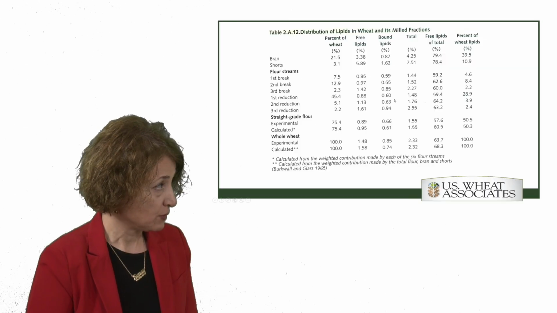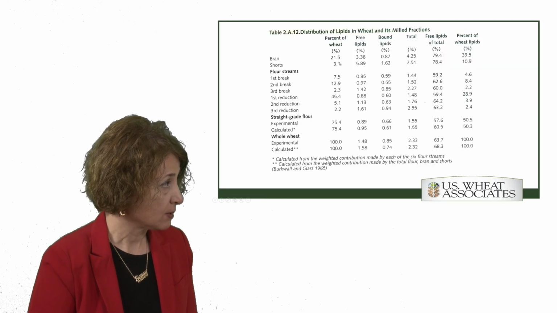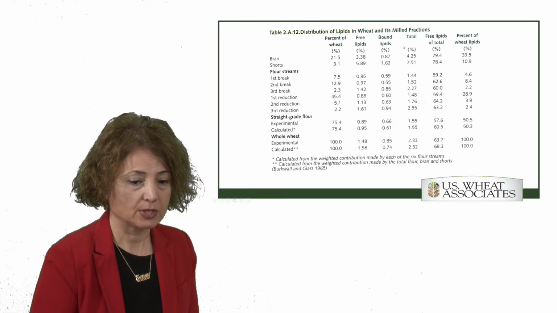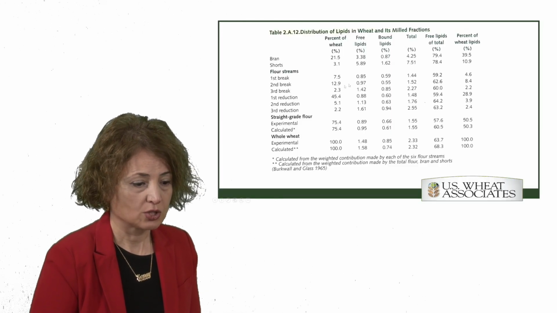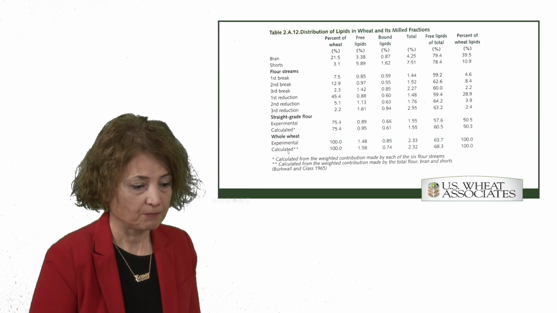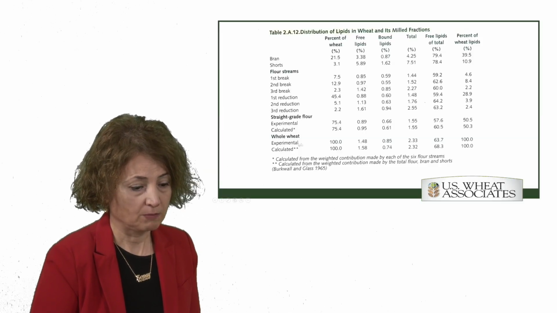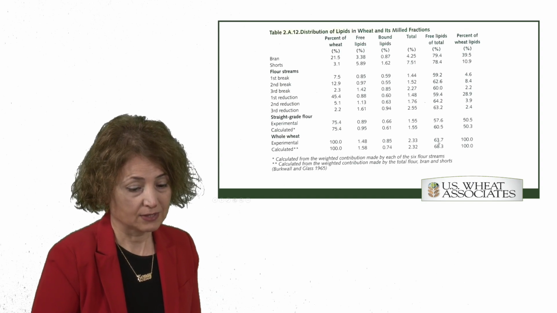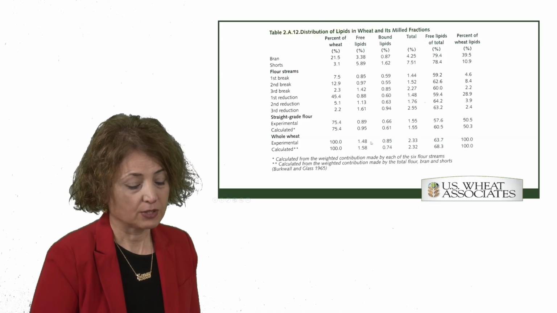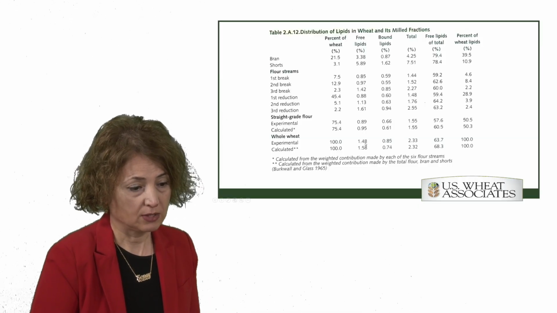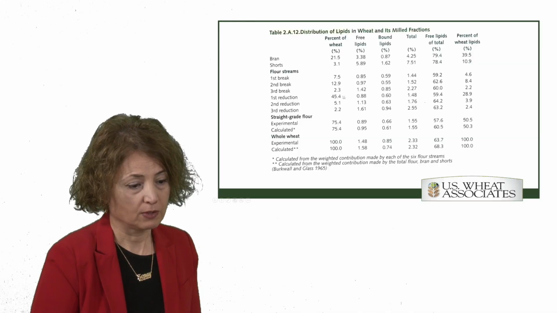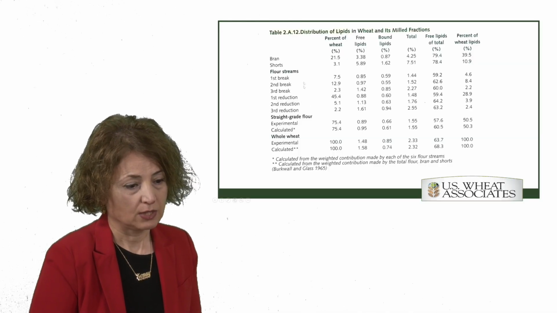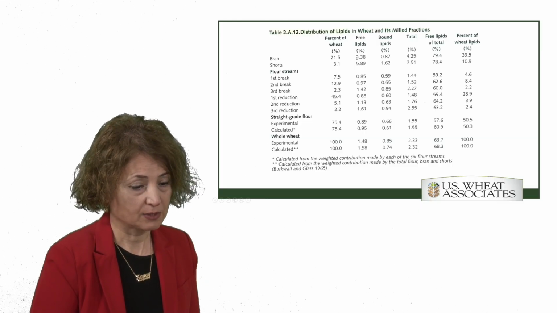We can have different types of lipids, free lipids or bound lipids, and their distribution in different meal fractions. For this experimental meal, total lipids are 63.7 and free lipids are 1.48, and we see that bran has the highest percentage.